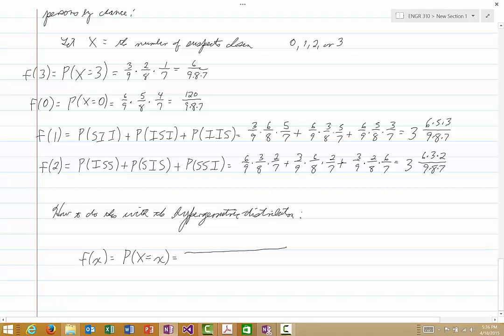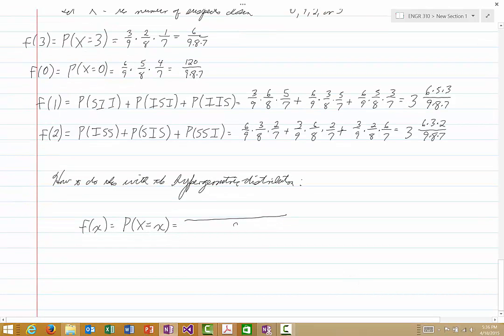First of all, we have a total of 9 people. And so I'm going to put 9 in the bottom, and we're choosing 3 of those. So 9 choose 3 represents the total number of ways in which we could choose 3 people out of those 9 people.